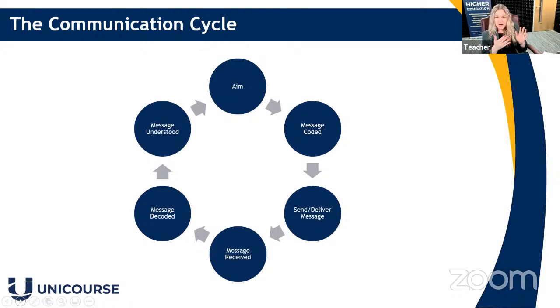So again, moving back to how you're going to transmit that information is important here. And then the message is understood, and the receiver understands what you communicated, and then the cycle can be repeated as well.